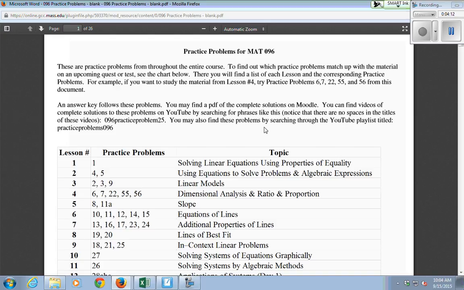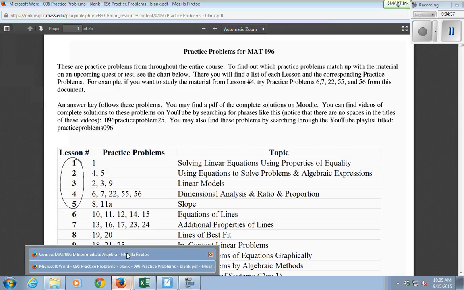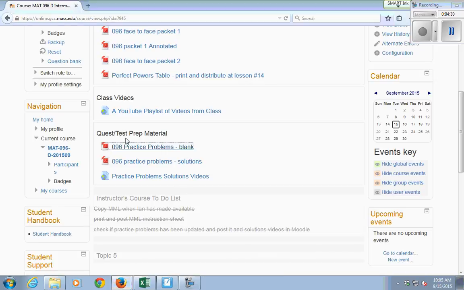And your quest that's coming up is on lessons 1 through 5. So the problems next to lessons 1 through 5 are problems that correspond with those lessons, right? So you might want to do this set of problems to help prepare for the quest. Now, if you're having any trouble solving those, figuring them out, then you come back to your quest test prep material block, and then there's another PDF underneath that says solutions.